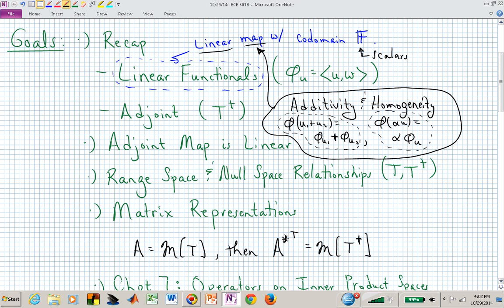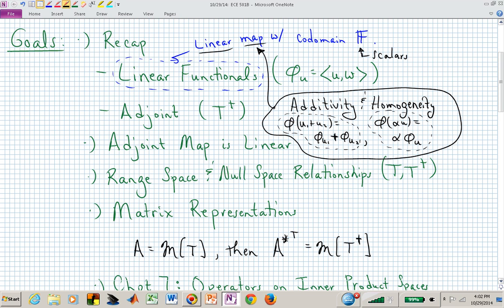So instead of going from, let's say, R4 to R4 with a linear map, we're now going from R4 to R, or from C5 to C. We're now mapping from some vector space into the scalars. If it's a linear map, it has these additivity and homogeneity properties that have to be satisfied.